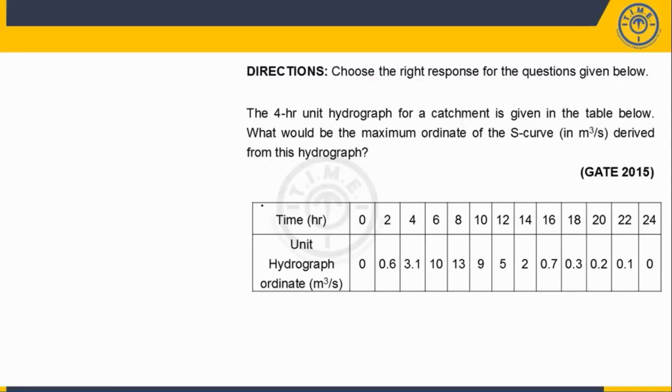We can do it directly with the help of a table. What is given first? A 4-hour unit hydrograph is given. What would be the maximum ordinate of the S curve derived from this hydrograph?